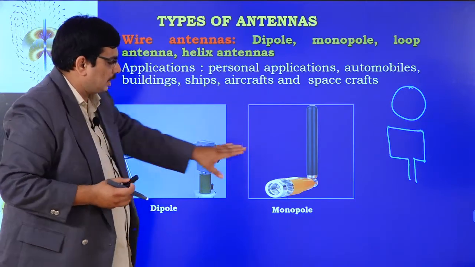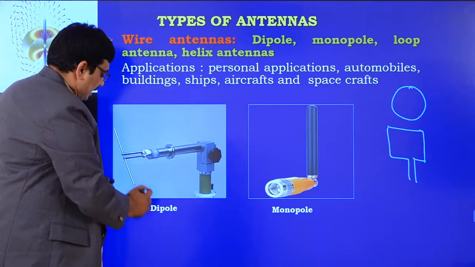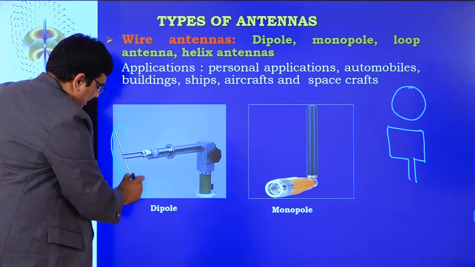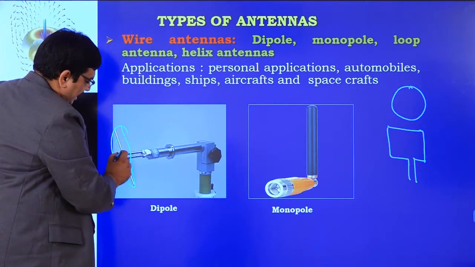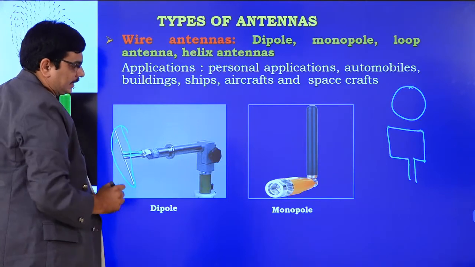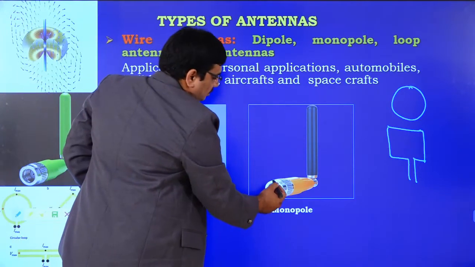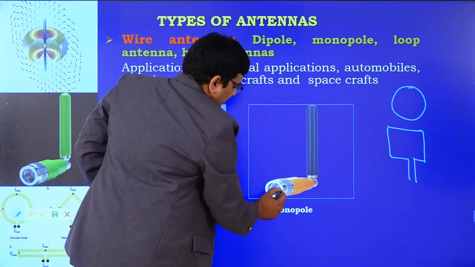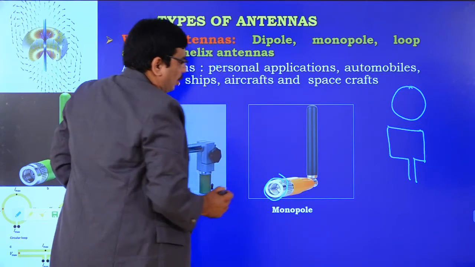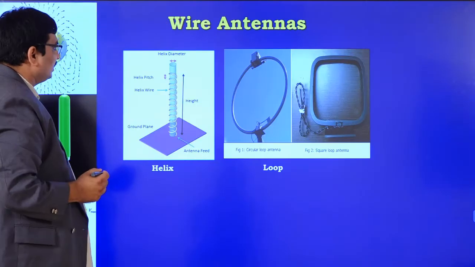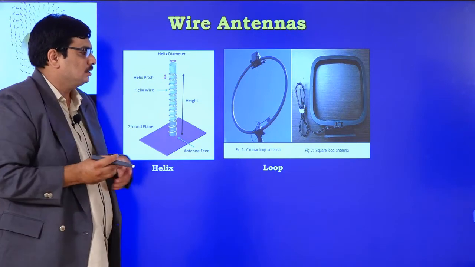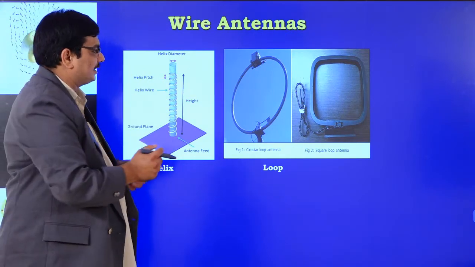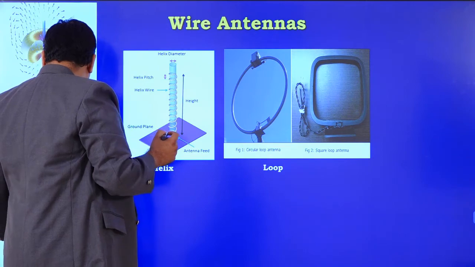These are the diagrams: this is the dipole antenna having two wires with excitation given at the center. This is a monopole antenna, where there is only one path and the second path is given to the ground. And next is the loop antenna, where this is a circular one.